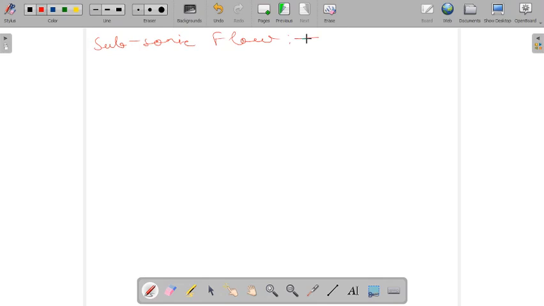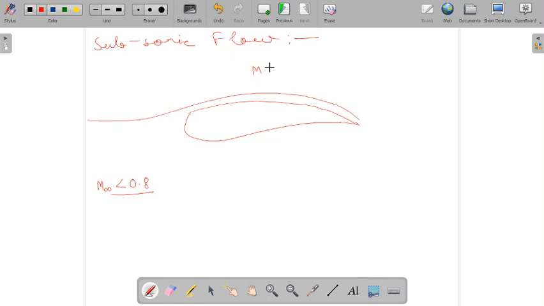So in case of subsonic flow, we consider that if our free stream Mach number is less than 0.8 and I have an airfoil structure, I will be experiencing that my local Mach number everywhere is less than 1. Is this one clear? Please respond.